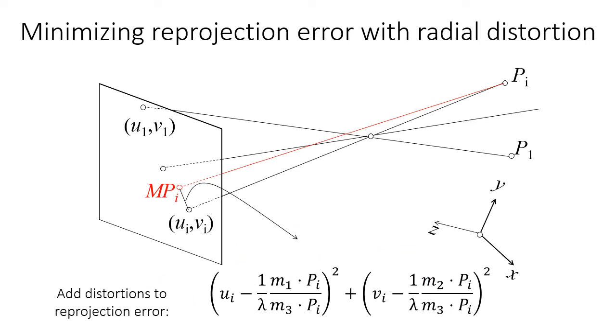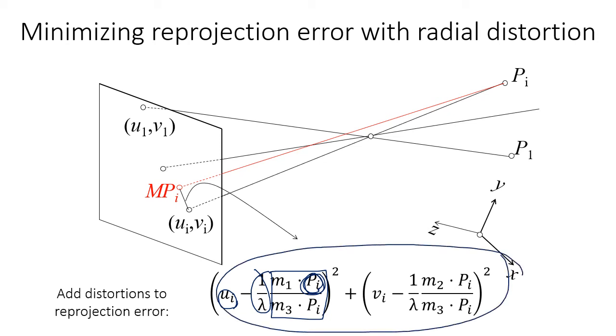So we can minimize the reprojection error with radial distortion. Previously, we only minimized the error between the image point and the reprojected point by the estimated camera matrix P. Now we multiply by this 1 over lambda radial distortion parameter. By minimizing this equation, we can get P as well as lambda, the amount of radial distortion.